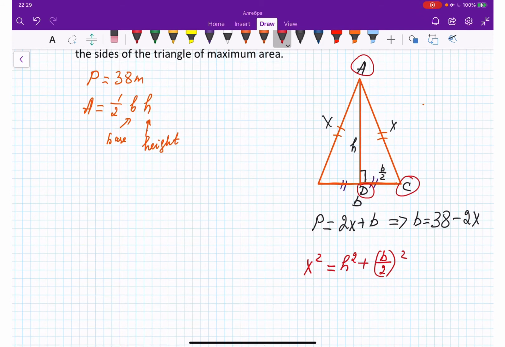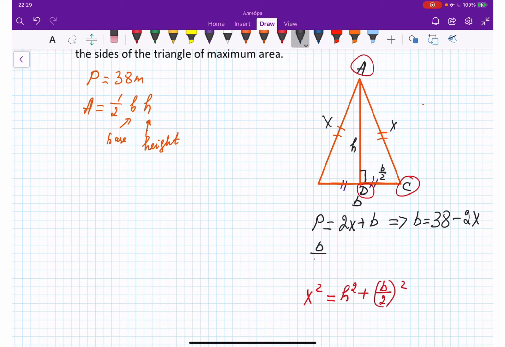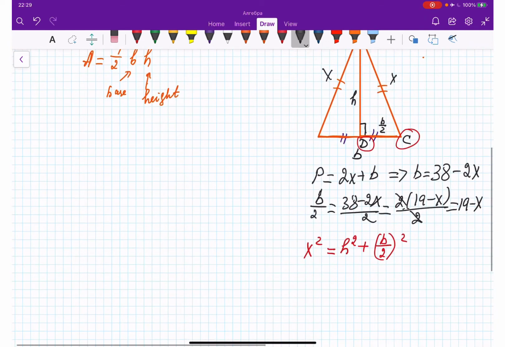All right. So how much is our b? Half of b, let's find it from here. B over 2 is going to be equal to 38 minus 2x over 2, which is, taking 2 out, 19 minus x over 2, canceling, and we get 19 minus x. Okay, so from the formula of the Pythagorean theorem, I can find h squared.